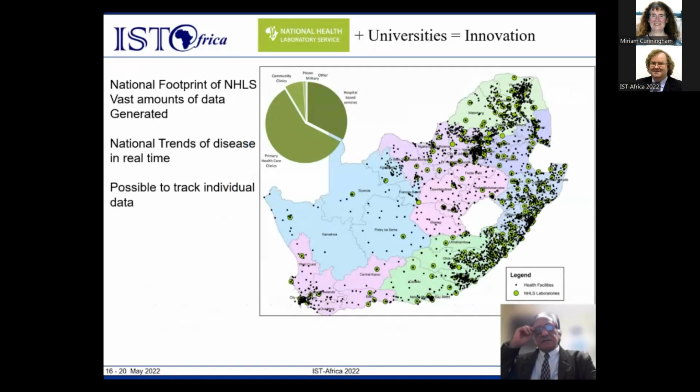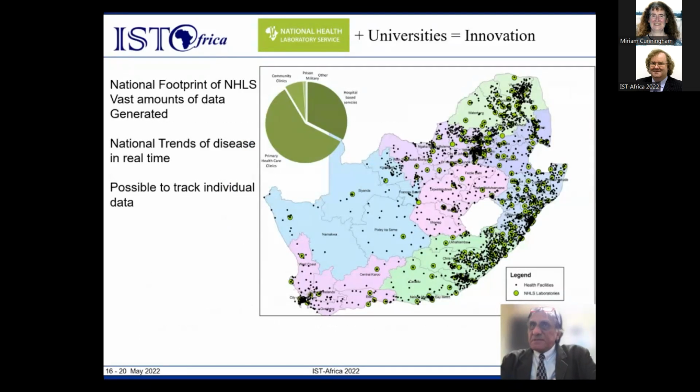Colleagues, I'd also like to take this opportunity to draw your attention to this probably underappreciated but potentially phenomenal partnership between the National Health Laboratory Service, which is a component of the National Department of Health, and universities in terms of being a hotbed for innovations.